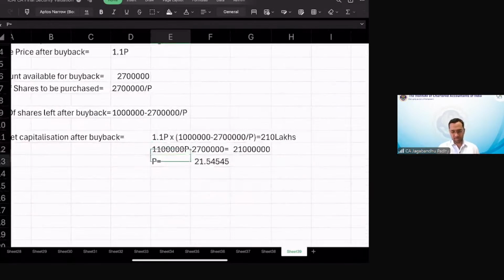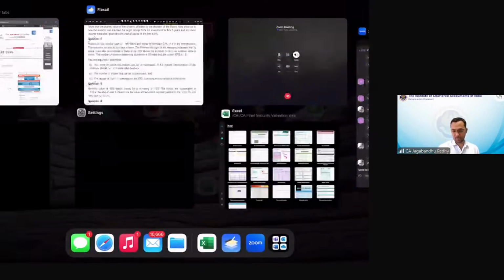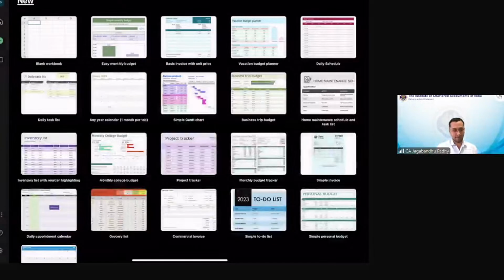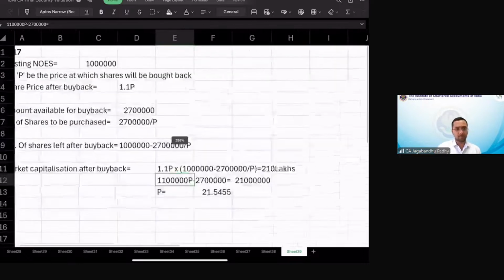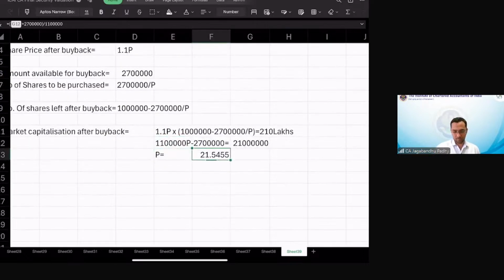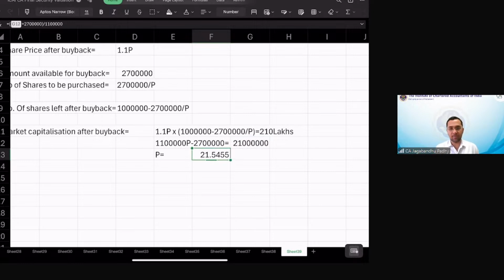So the price is 21.54, everyone. 27 lakh will be added to this term, divided by 11 lakh, giving 21.54.